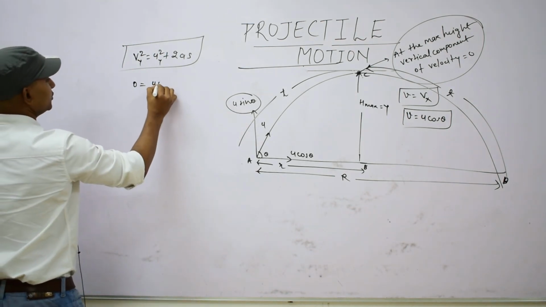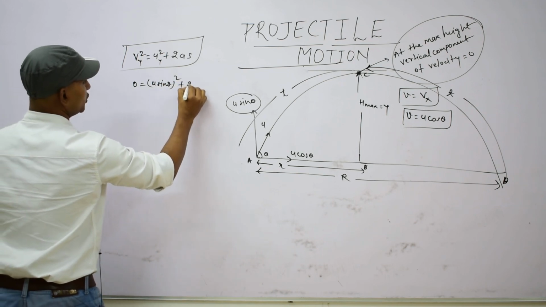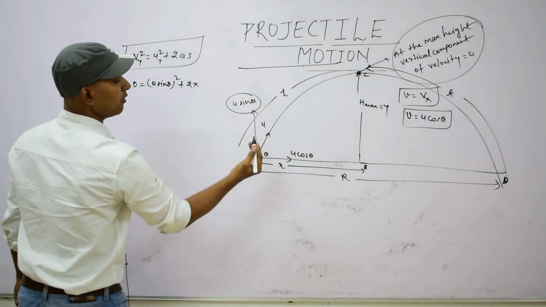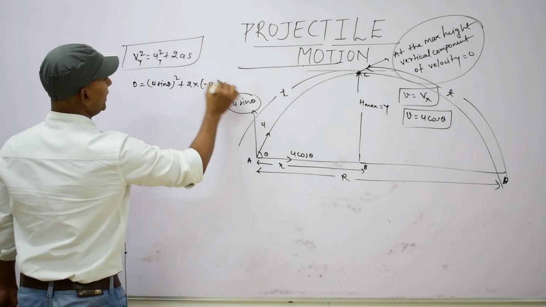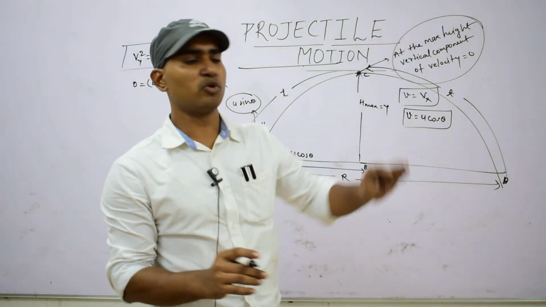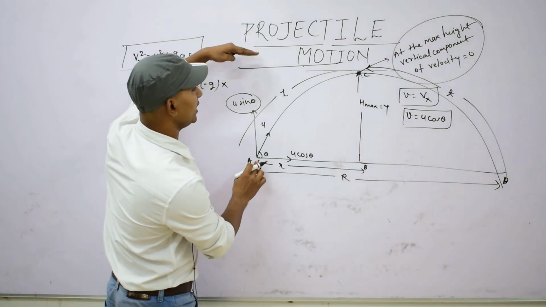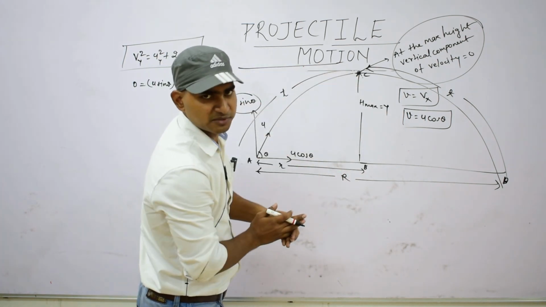So here I am putting 0 equal to u sin theta square plus 2, and if I am moving in a vertical direction, I have to take the minus g component, and in place of s is the displacement along the motion. So from this point A to C, what is the vertical displacement? That will be equal to h max.